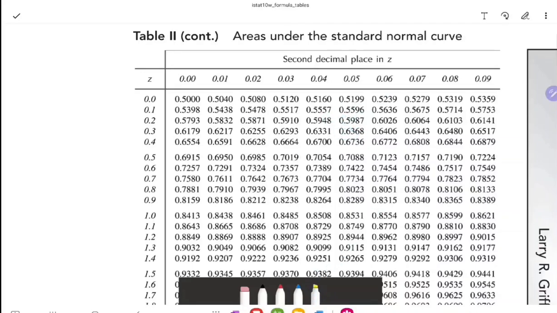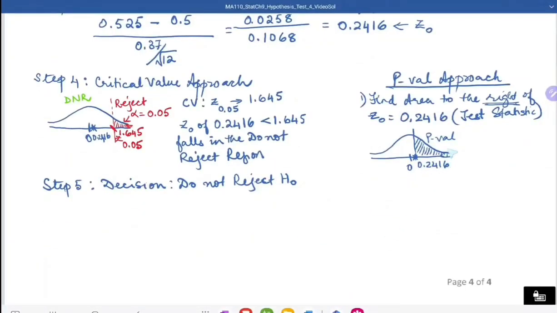So when you go back here, you have to do 1 minus whatever value you obtained from the table, and the corresponding p-value, the area to the right, will be this. The p-value is 0.4045 roughly. Okay, that's the p-value.